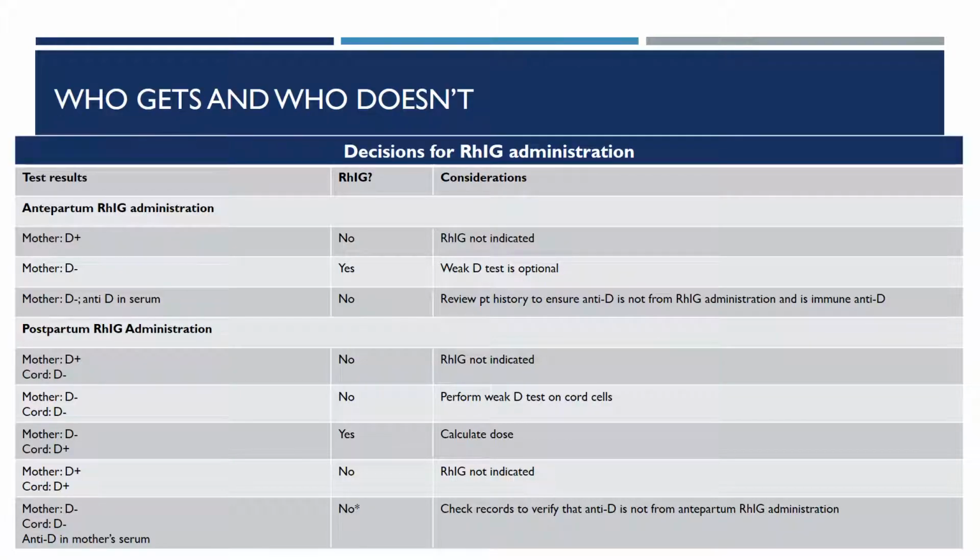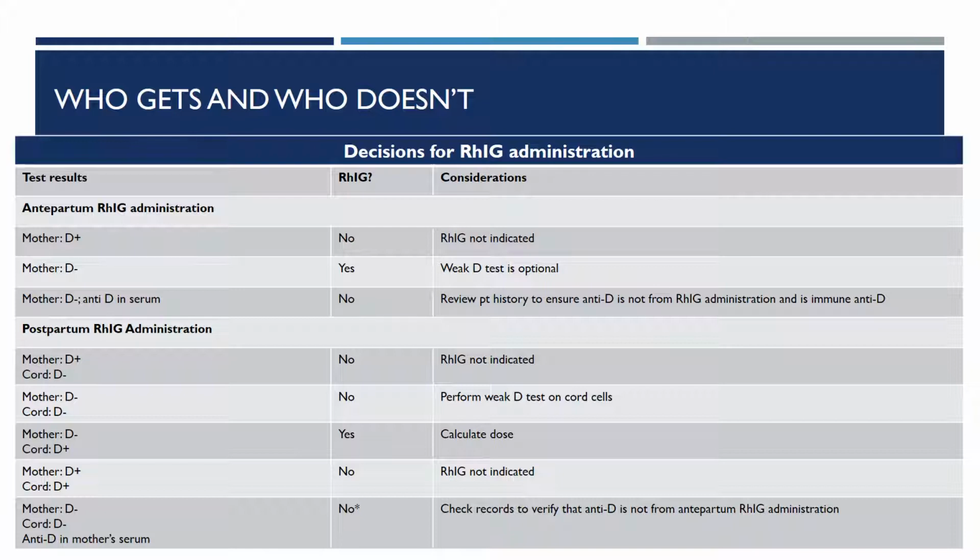So now this is knowing who gets RhoGAM and who doesn't get RhoGAM. Now, first things first, if the mother's D positive, she doesn't get RhoGAM. Just because you're pregnant, you don't get RhoGAM, or RHIG is what I should call it. If the mother is D negative, then yes, she is definitely going to receive RHIG.